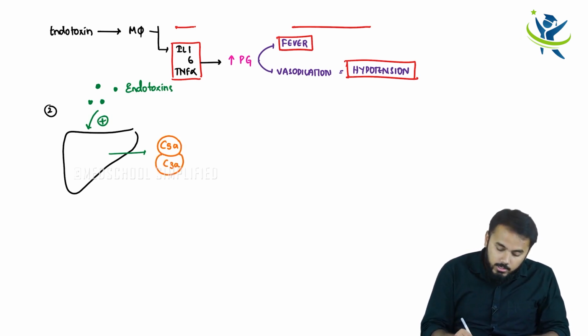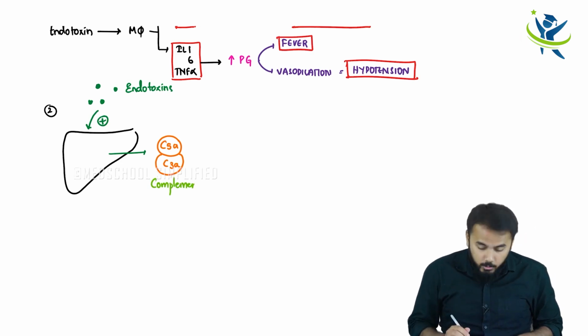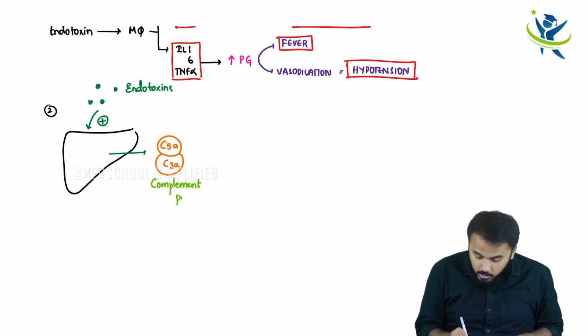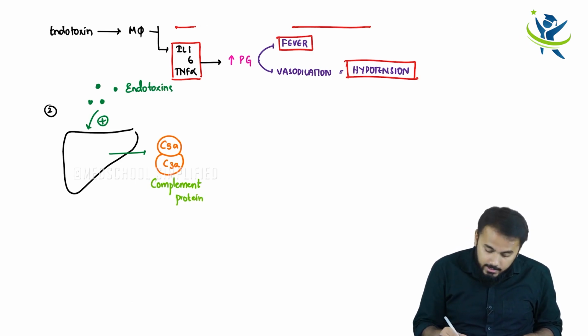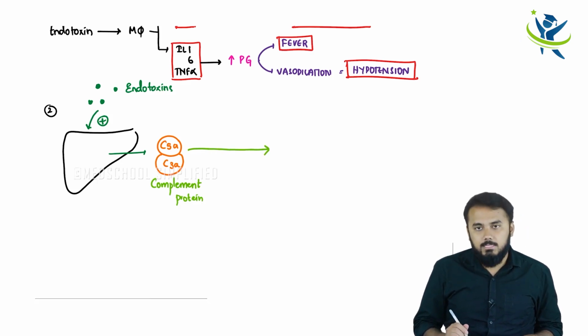These are the two complement proteins. What will these two complement proteins do? Look here. These complement proteins will go all the way like this, and here you have got your cell, which is called the mast cell.